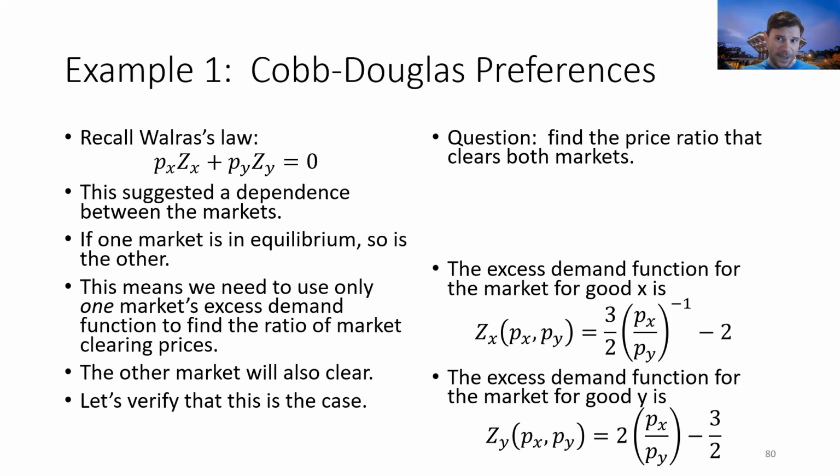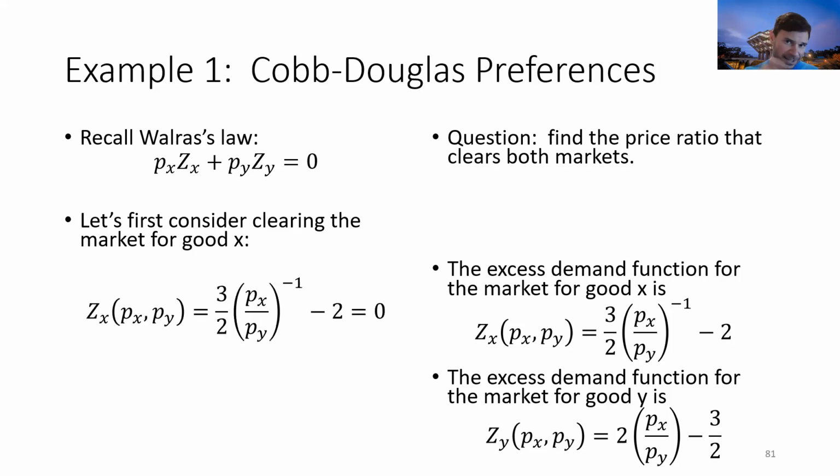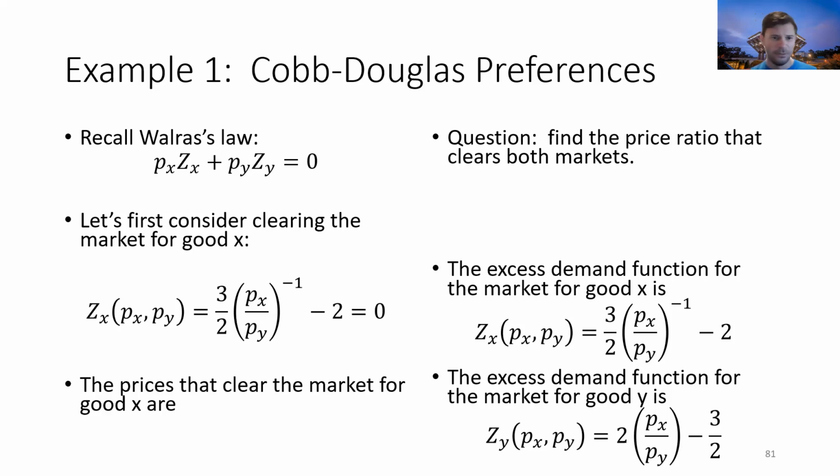So let's go ahead and just verify this claim before we get out of here. If we do this for good X, we set the excess demand for good X equal to 0. And then I add the 2 over. And I can multiply by 2/3 and then flip some things upside down. And we should find the set of prices that clears the market. What is the ratio of PX to PY that will do that for us here? Yeah, that's right.